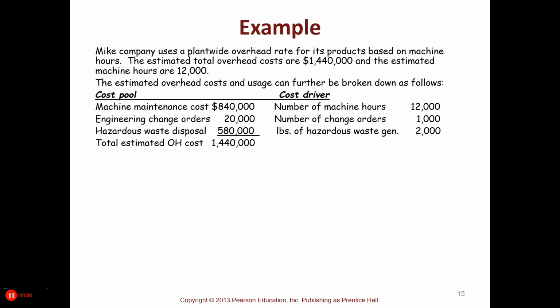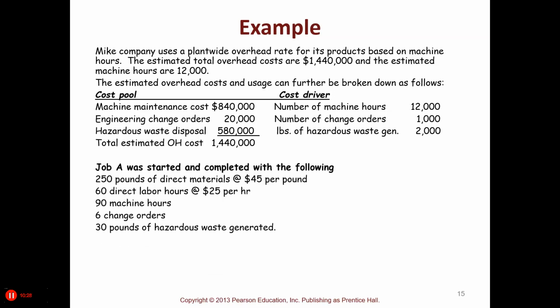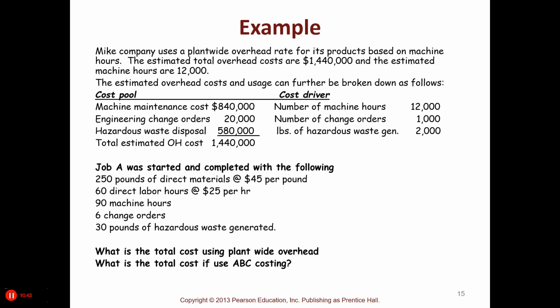The cost pools would be machine maintenance, engineering change orders, and hazardous material disposal. Now, job A was started and completed with the following, and this is what we consumed to make this product. What is the total cost using plant-wide overhead? And then we'll look at it using ABC costing.